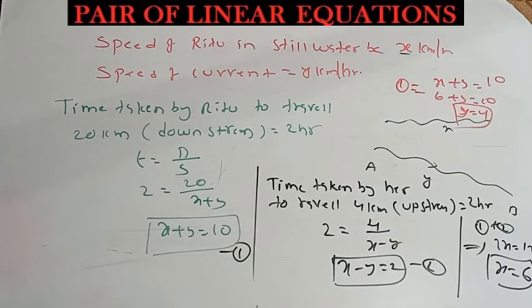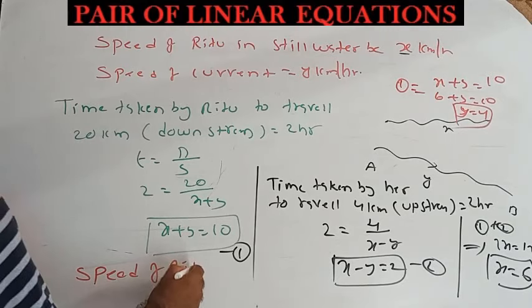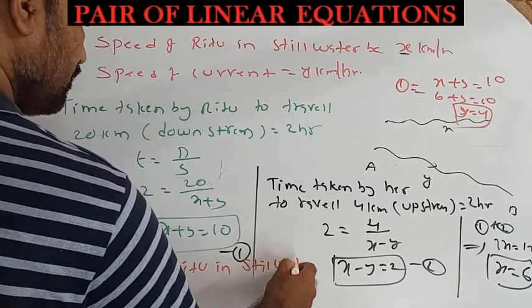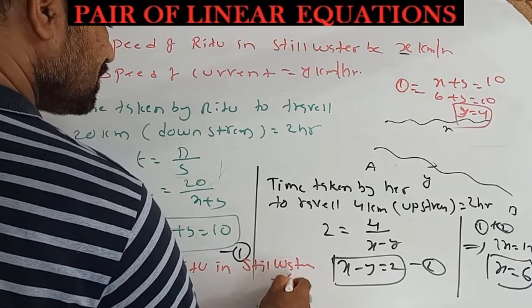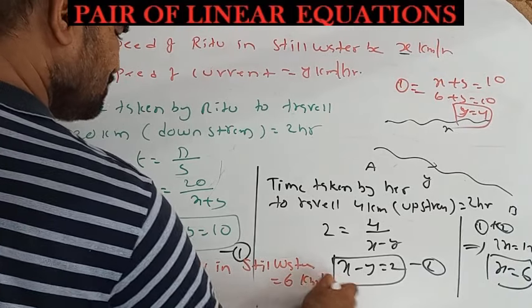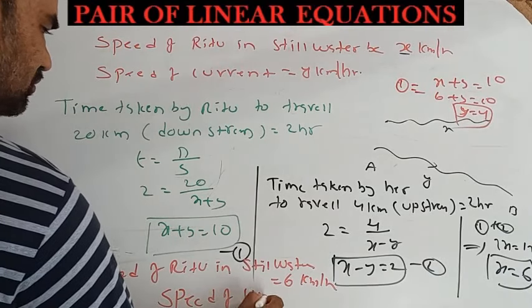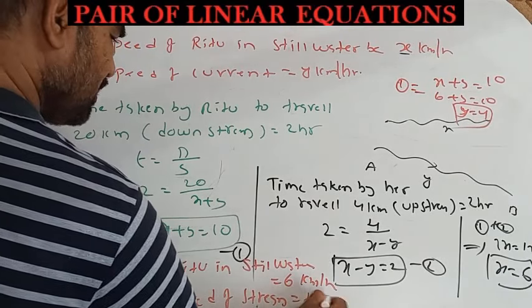You need to write at last: speed of Ritu in still water equals 6 kilometers per hour, and speed of the stream equals 4 kilometers per hour.